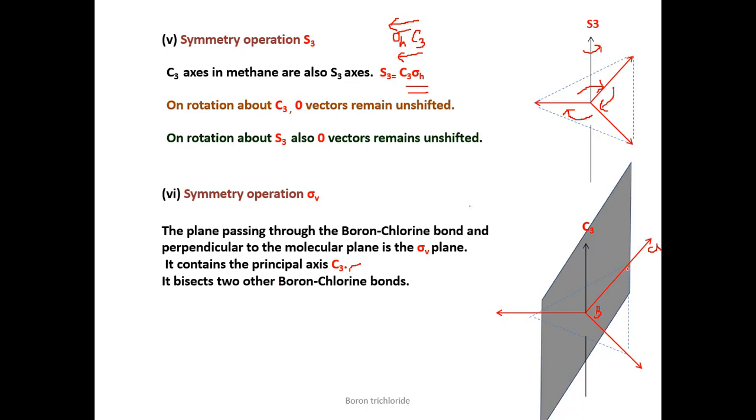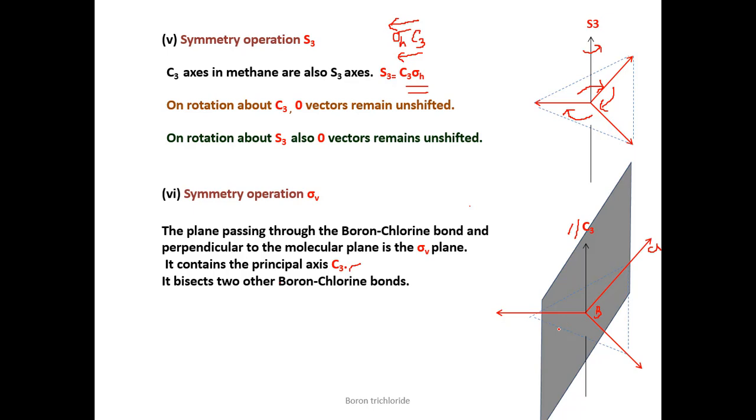So there is one vector that is present in the plane itself, and it is perpendicular to the molecular plane. And this is a vertical plane of symmetry since it contains the C3 axis, the principal axis.